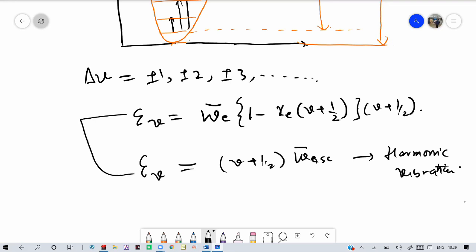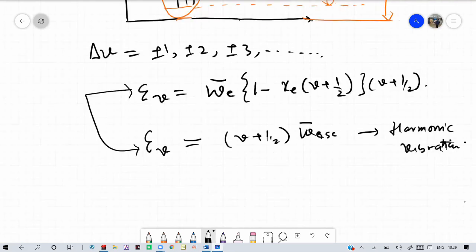Compare this equation with this. Compare these two. So I can write nu is equal to this, and then I can find out omega oscillation equal to this whole part.